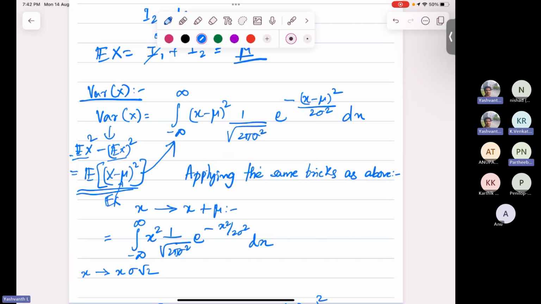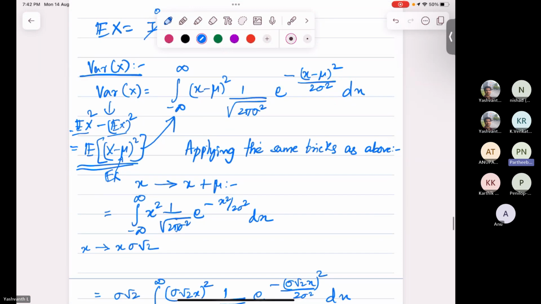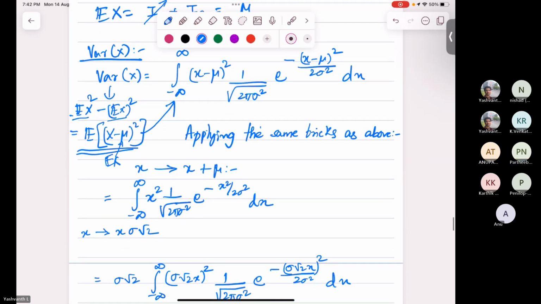So expectation of x minus expectation x the whole square is the same as variance of x. Correct.